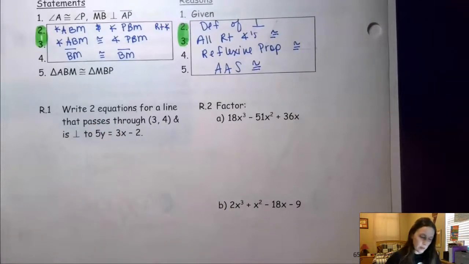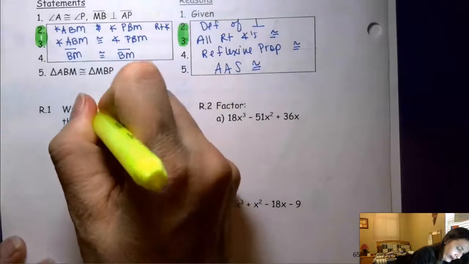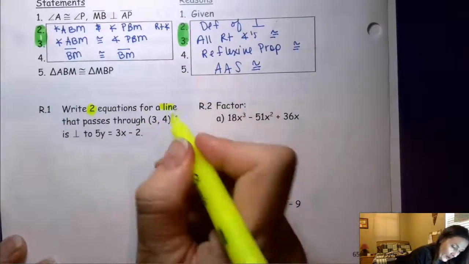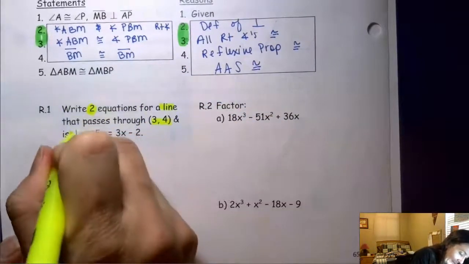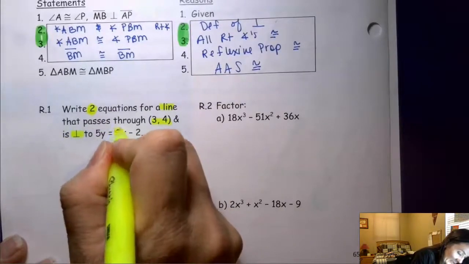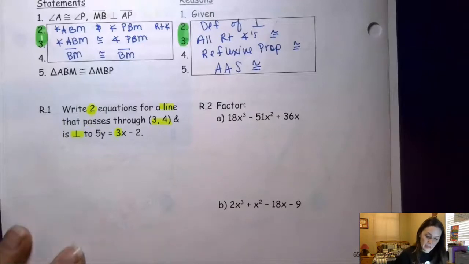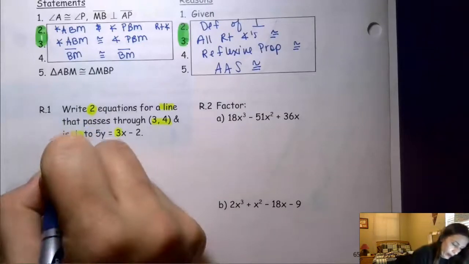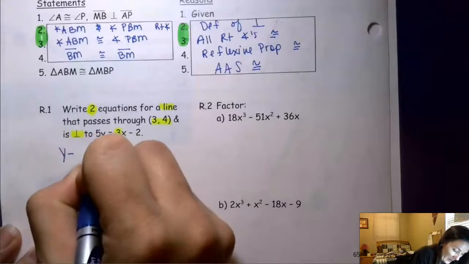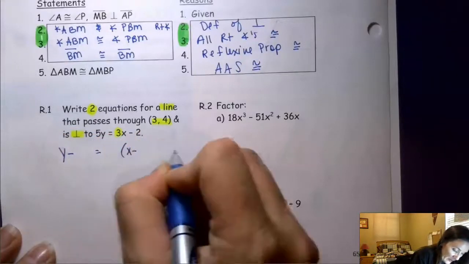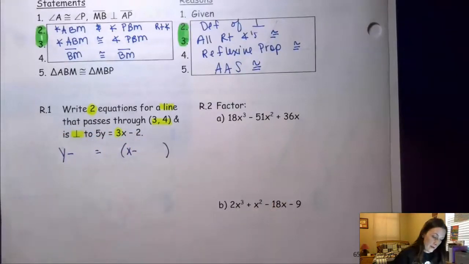So if I'm going to write two equations for a line, and I know it passes through here, and it is perpendicular to this line, I need to pay attention to that. Two equations means I probably want to start with my point slope: y minus y1 equals m times x minus x1. I fill in my ghost formula.